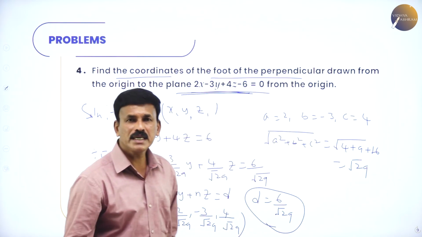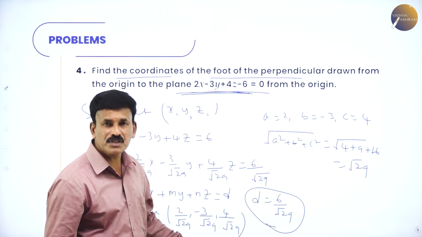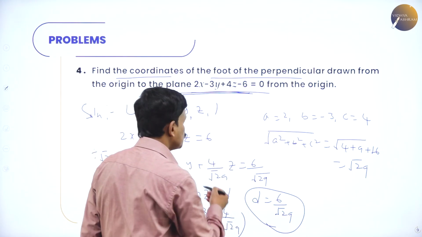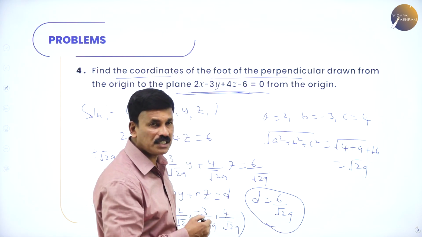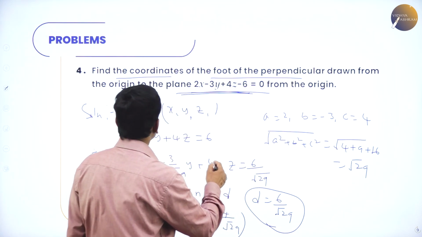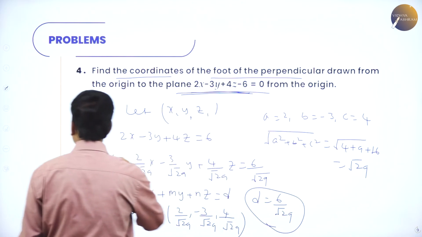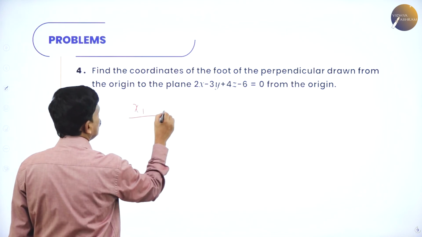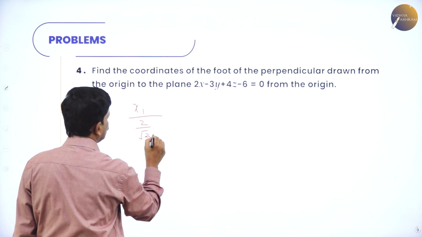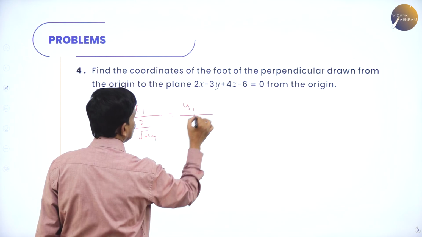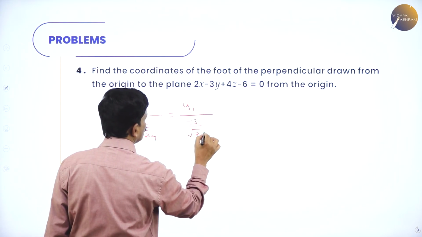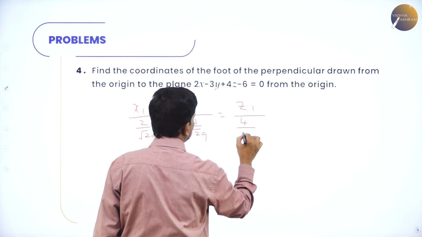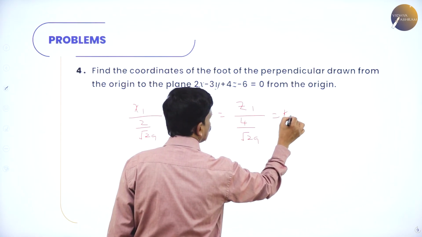Since the direction cosines and the direction ratios for the line are proportional, this can be written as x1 divided by 2 by root 29 is equal to y1 divided by minus 3 by root 29 is equal to z1 divided by 4 by root 29 is equal to a constant k.